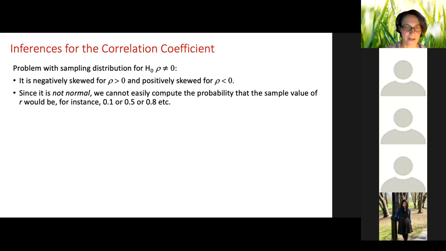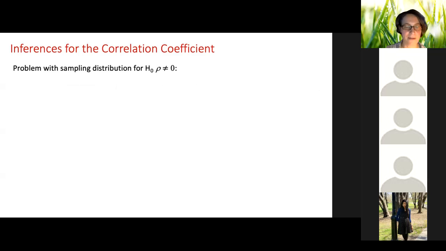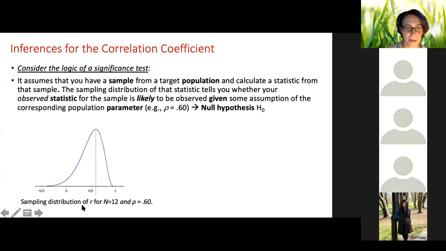Okay, so far so good. The logic is always the same when we're running a significance test. The problem is, if you go back to this distribution, because it's skewed and looks sort of funny, we cannot tell how probable that is without making any other assumptions. If it were a normal distribution, we could tell exactly what the probabilities are, because for the normal distribution we have the table.